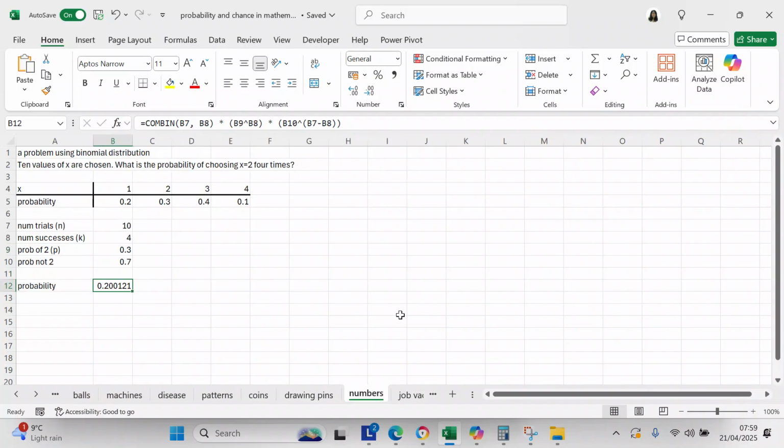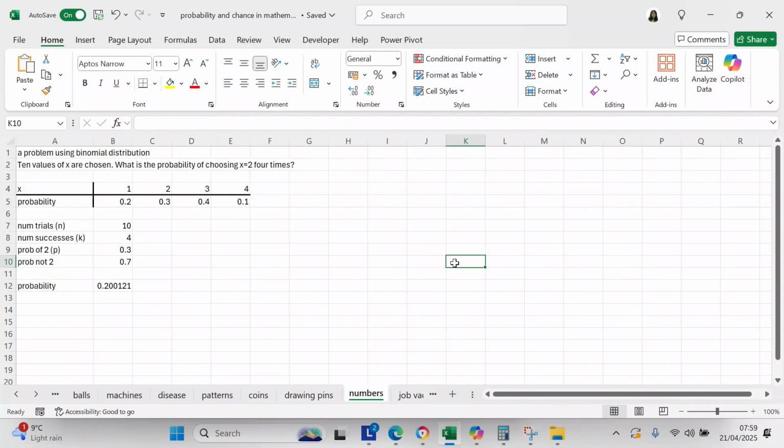So now the next thing we're going to look at is numbers. So we're going to look at a problem using binomial distribution. 10 values of x are chosen. What is the probability of choosing x equals 2, 4 times?